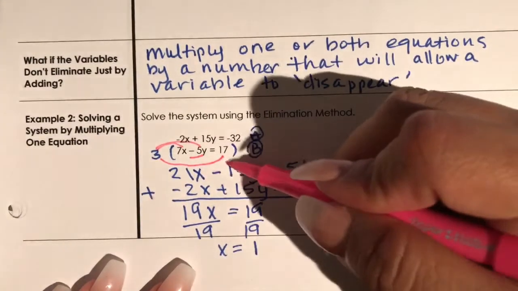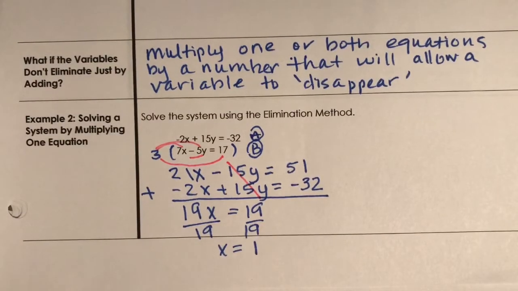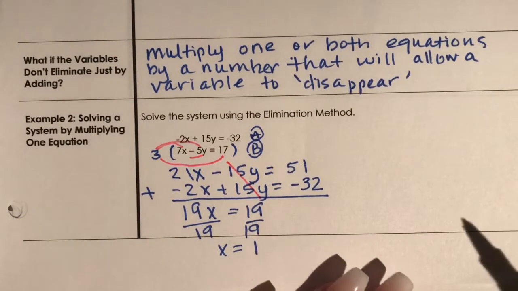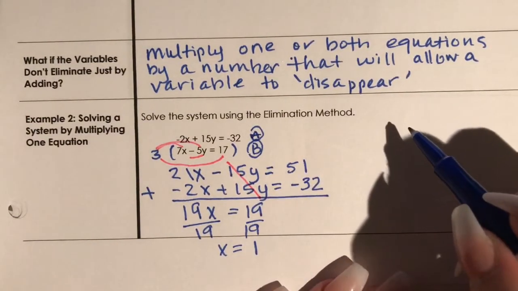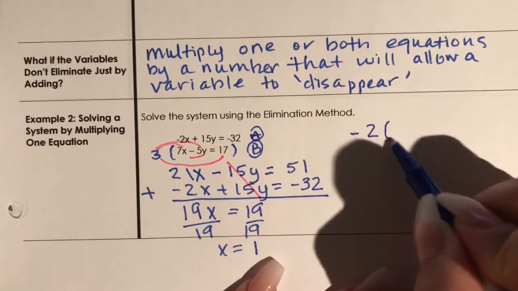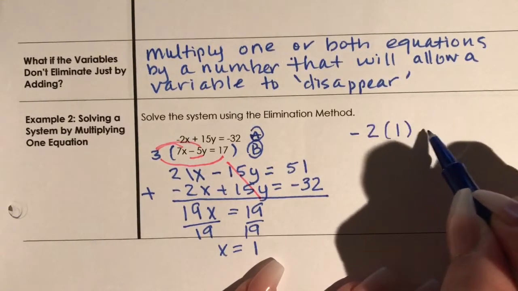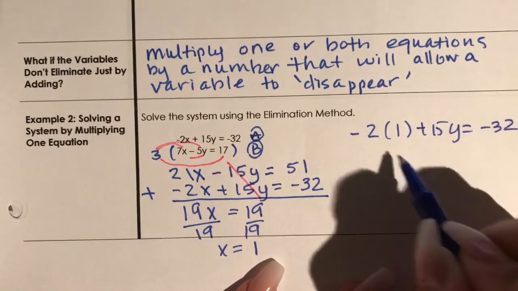And the 15y disappeared. We're going to go back and substitute the x back into equation A. Negative 2 times 1 plus 15y equals negative 32.